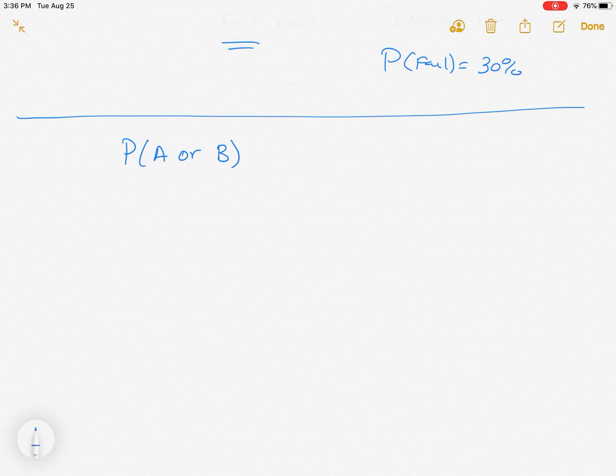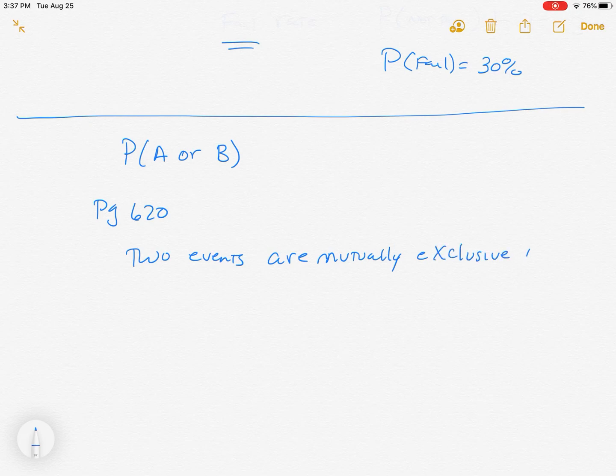As they do so, on page 620 of your textbook, they're going to talk about mutually exclusive events. And they'll say this: two events are mutually exclusive if they have no outcomes in common.